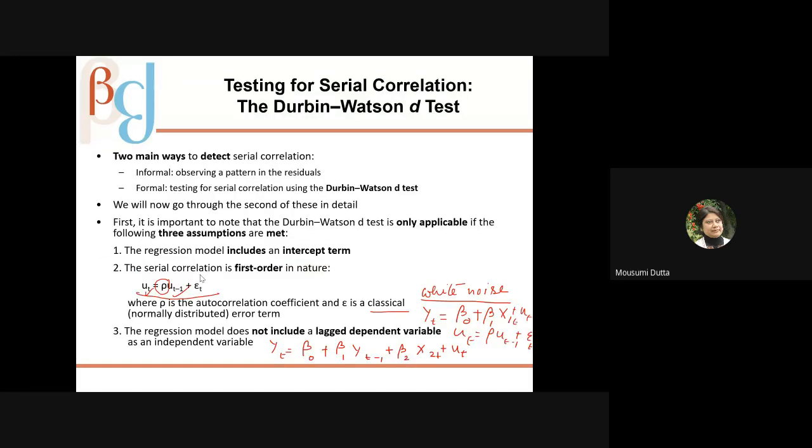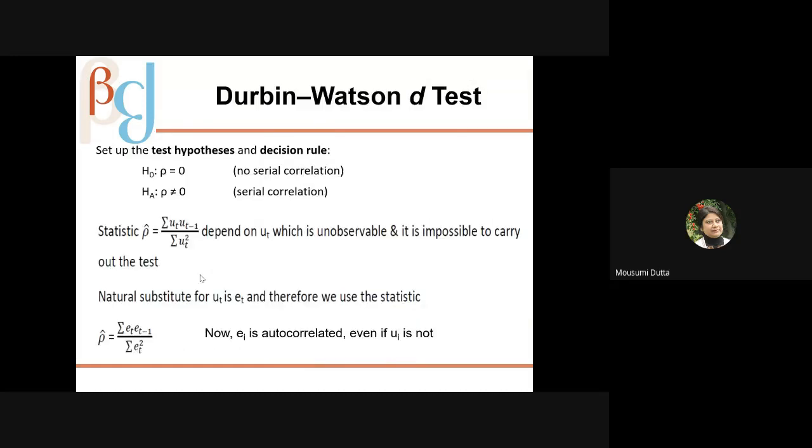Now, if you look at this equation, ut is equal to rho ut minus 1 plus epsilon t, it is as if a regression equation without the intercept term. Epsilon t is a white noise.